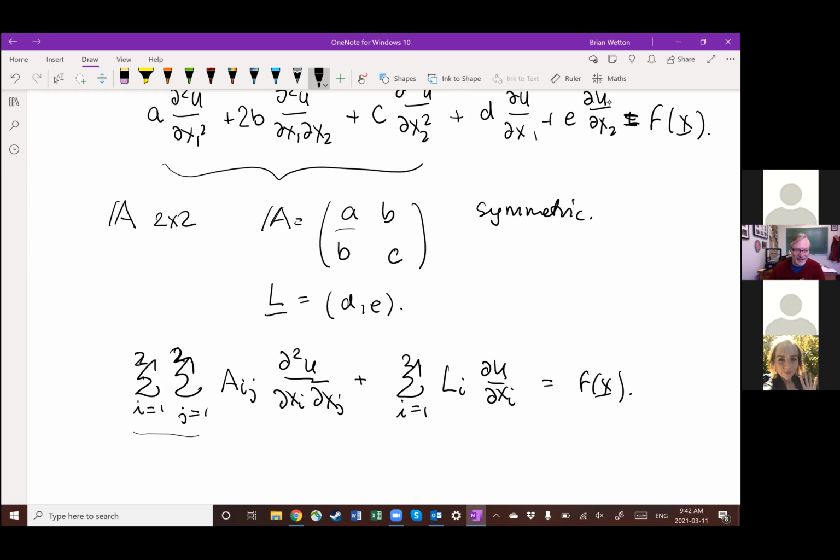And if you've seen Einstein notation, then you would write this without the sums. Einstein summation: you would probably write this shorthand like Uij, where the i and the j subscripts are meant to be the derivatives shorthanded.